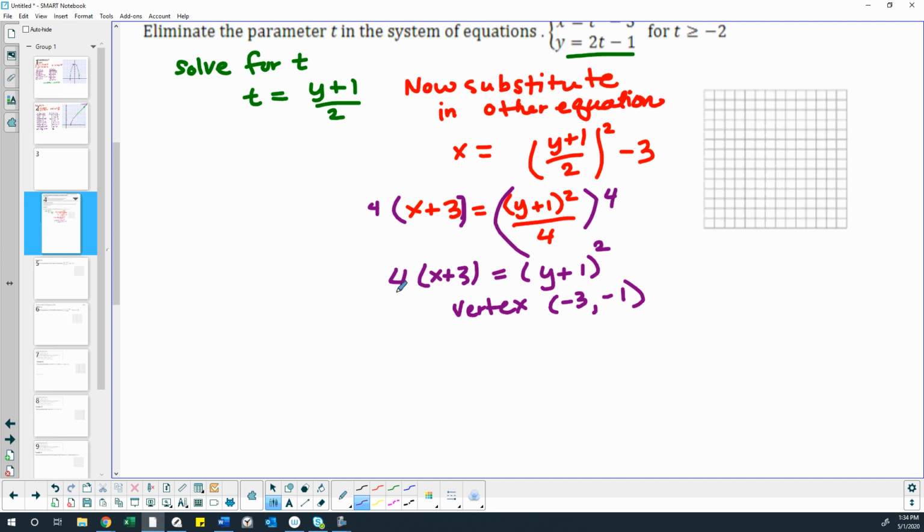And then this 4 right here tells us that the distance to the focus and directrix would be 1. And that's because the formula we learned for parabolas is 4 times a, or 4 times whatever letter we were using for that distance.